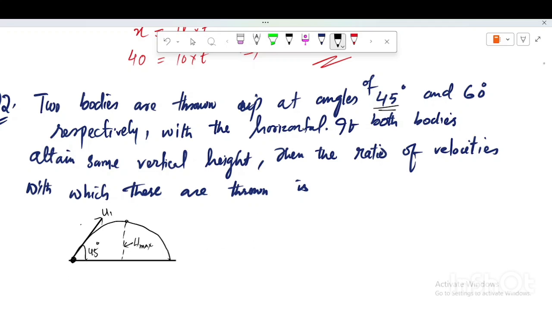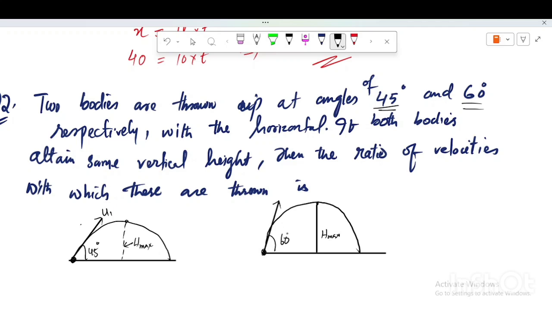And the second is thrown at 60 degree angle. So let's make this projectile. For example, this second body is thrown at 60 degree angle, and the projectile is this one. This will be its maximum height, h maximum, and the angle is 60 degree.